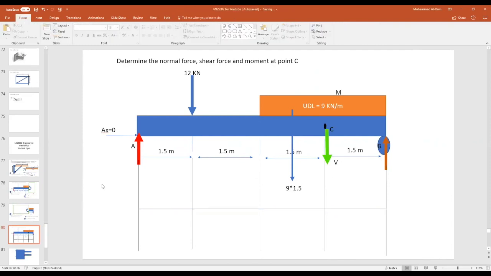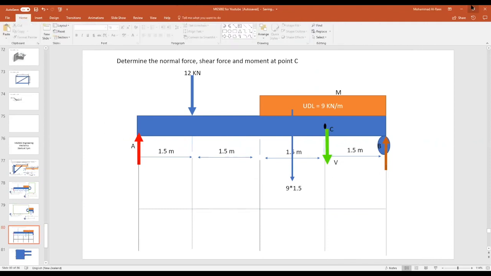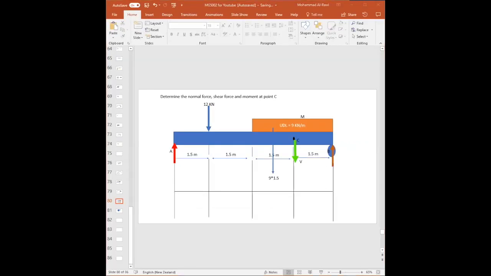All right, so guys, can you remind me what's the value for the force at A? Because I technically removed the answers, so try to find it. Okay, I'll write it down.